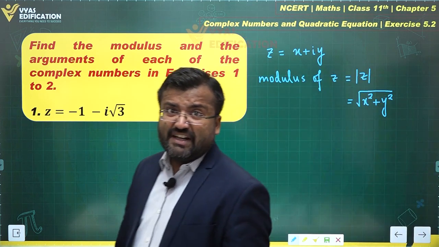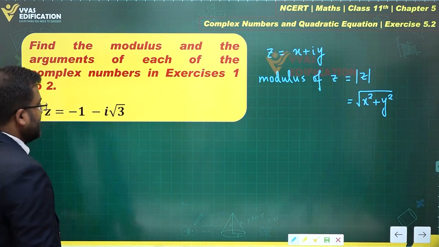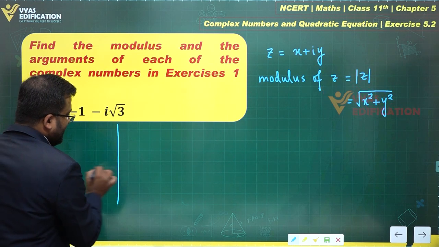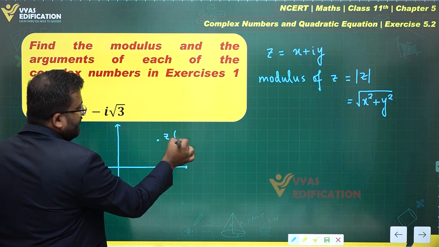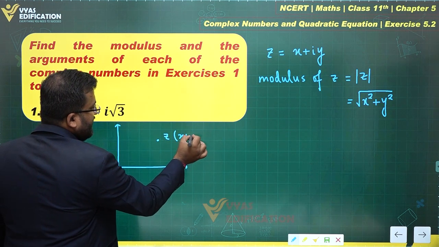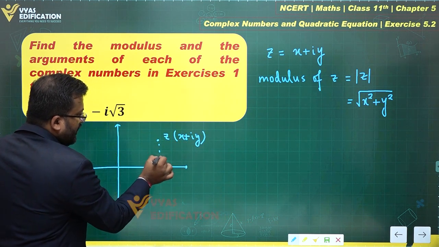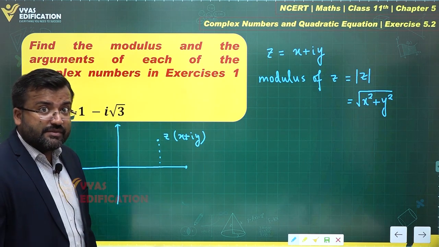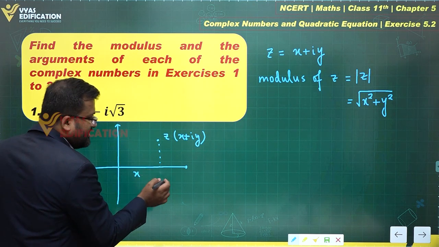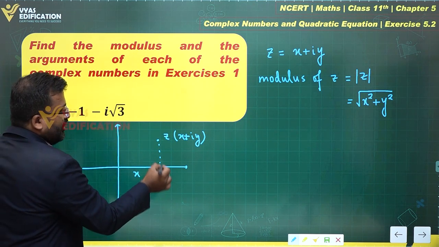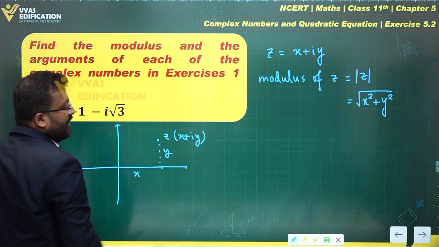What does modulus of z signify, by the way? When we draw the Argand plane, for any point z, which is x plus iy, the coordinates of this point will be: along the real axis we move a distance x, and along the imaginary axis we move a distance y.